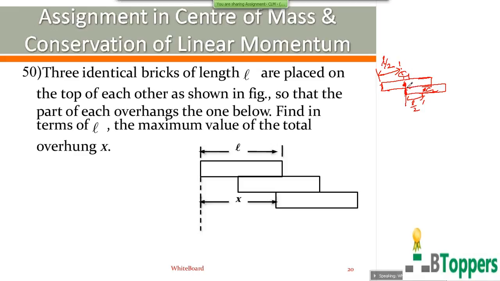Therefore, in the situation we are discussing, the center of mass of C1 and C2 will be at a horizontal distance equal to half of L by 2, or L by 4. That means the top two blocks, each of the same mass m because they are identical, can be taken as one block of mass 2m at the center of mass of the system of the two blocks, which will be at a distance L by 4 from this edge.